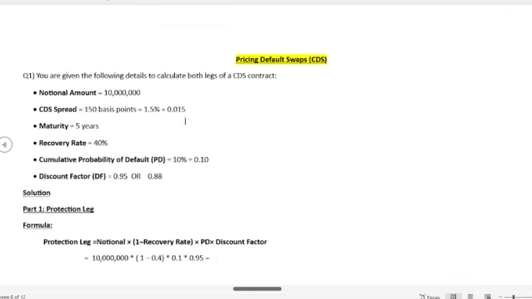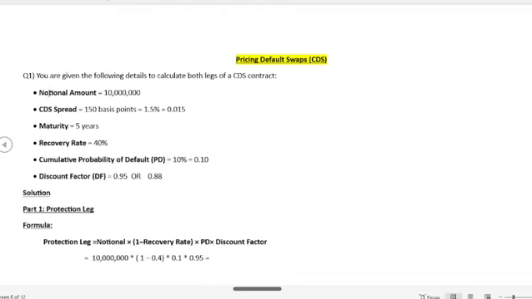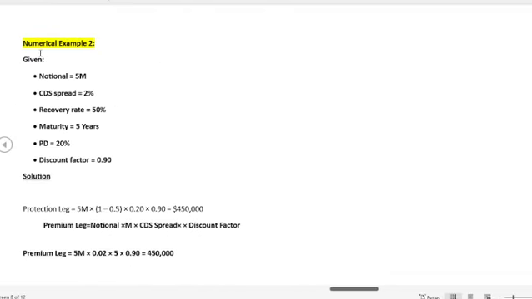Okay, this is how we solve the price of a credit default swap by using both legs of CDS contracts. So this is a very easy numerical. This is question number 1: you have the question values, put those values in the formula, and get the answer.